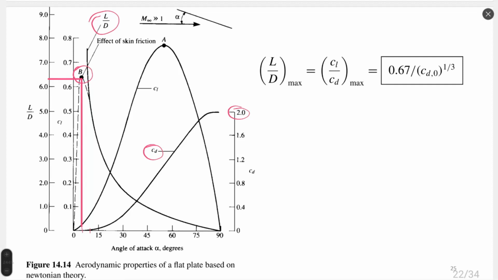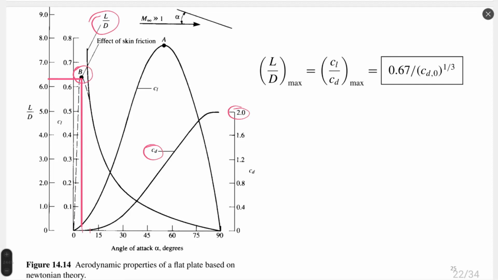graphics. And please take into account that Newtonian theory is not always perfectly giving us results, right? Especially for extreme values like 0 angle of attack. At 0 angle of attack, of course, there is no theory of Newton which would give us a good result.